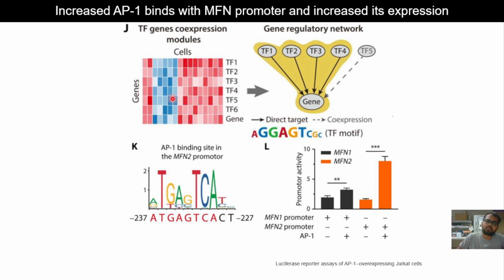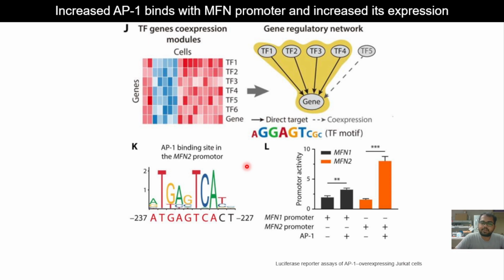And what they found, by analyzing this data, is that AP1 could be one of the transcription factors which may be responsible for the increased expression in this activation of T cells.